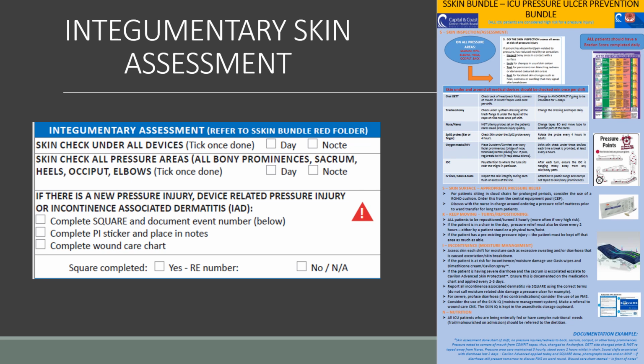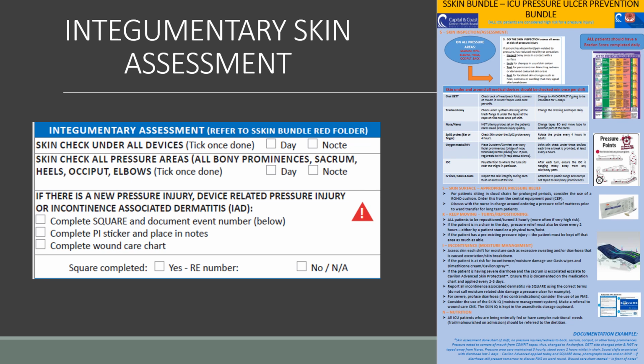And if you find an injury that's either an incontinence dermatitis, or a pressure injury, or a device-related pressure injury, we're particularly noting device-related injuries are so common in our patients: endotracheal tapes, the comfort tapes in particular, but also the tracheostomy tapes around the back of the neck and the head is often where they'll sustain these pressure injuries. And if you're not checking diligently, it can go unnoticed for days.